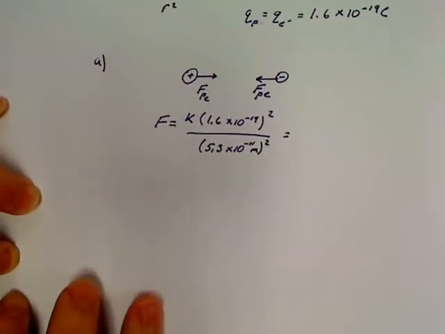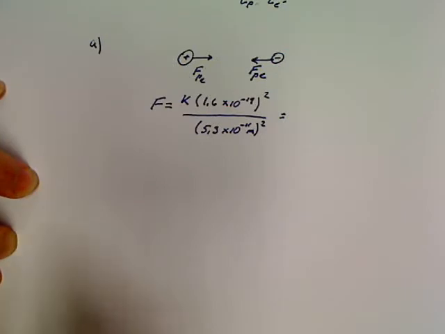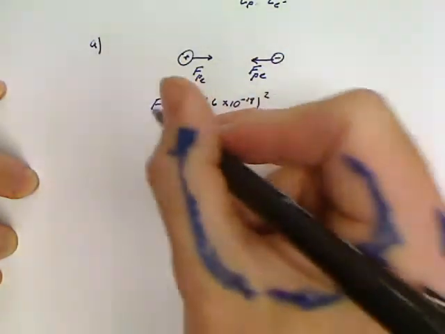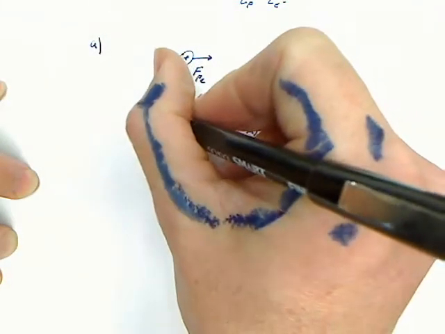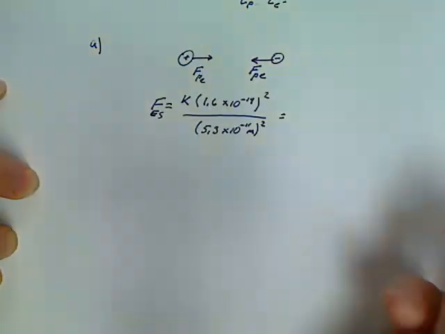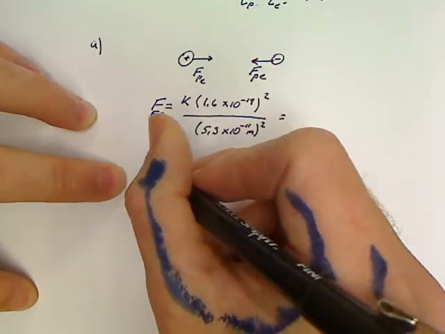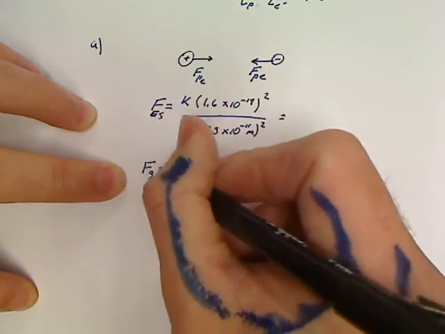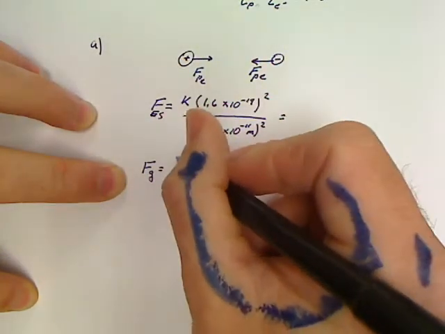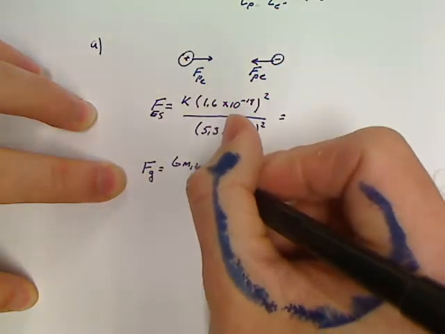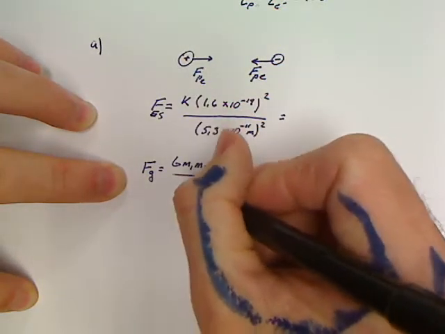Now, one of the other questions it asks, besides calculating this electrostatic force, is to calculate the force due to gravity between those two. Force due to gravity, of course, is given as big G M1 M2 over R squared.